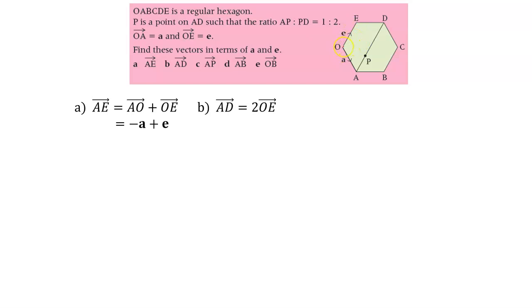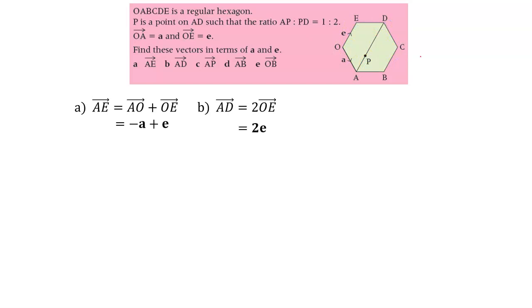Now, if you're not convinced by that, we're told it's a regular hexagon. Regular hexagon you can split up into 6 equilateral triangles. So this edge here is equal to this here and this here. So AD is 2 times OE.